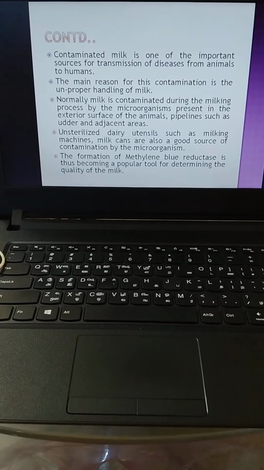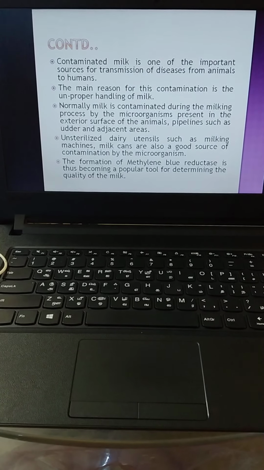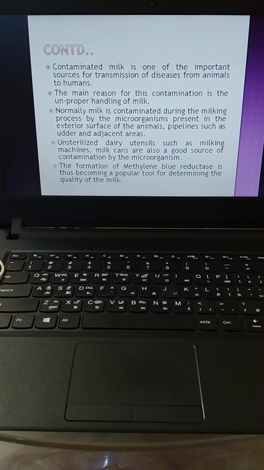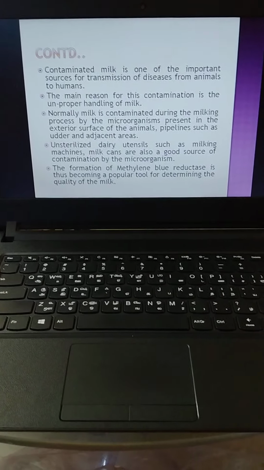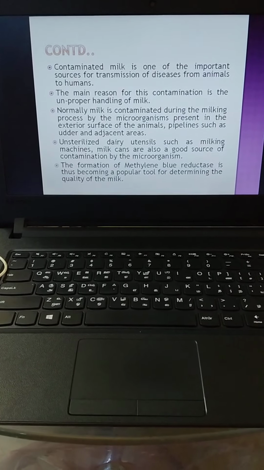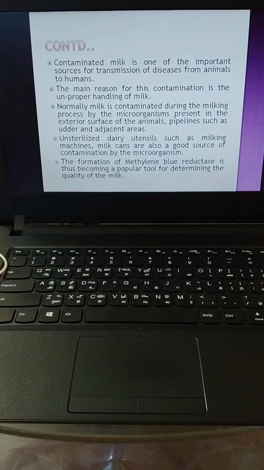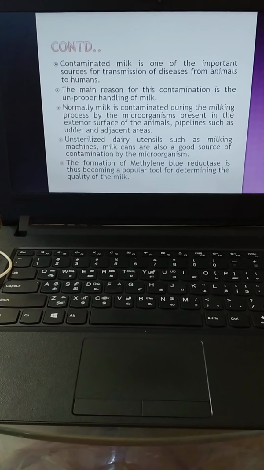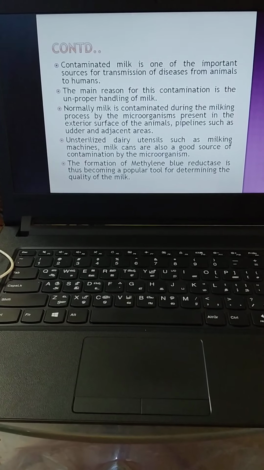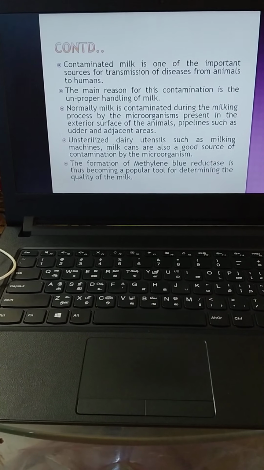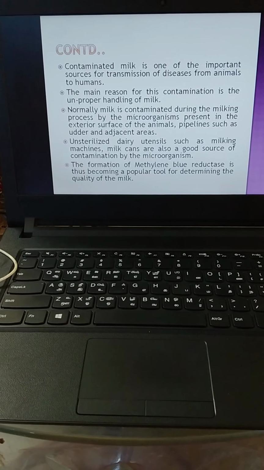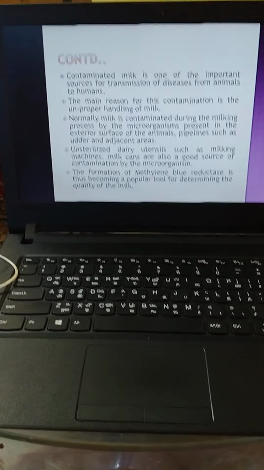Contaminated milk is one of the important sources for transmission of diseases from an animal to a human. The main reason for contamination is improper handling of the milk. Normally, milk is contaminated during the milking process by microorganisms present on the exterior surface of the animal or in the pipelines in the adjacent areas.